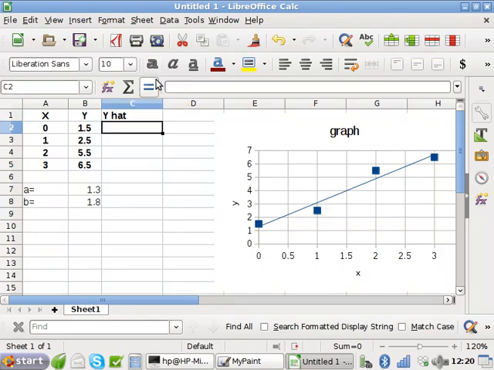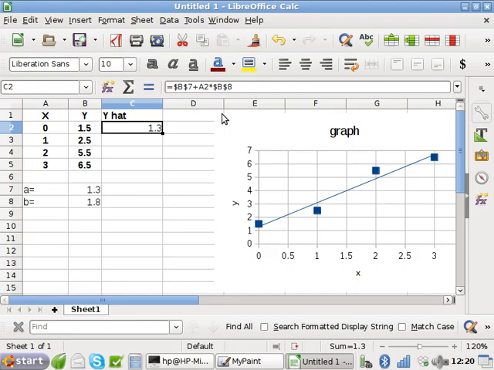So what do you think it should be? What should it be? 1.8. Should be 1.8 because it should equal A plus X times B. So it should be 1.3, not 1.8. It's A plus BX. The X is 0, yeah.